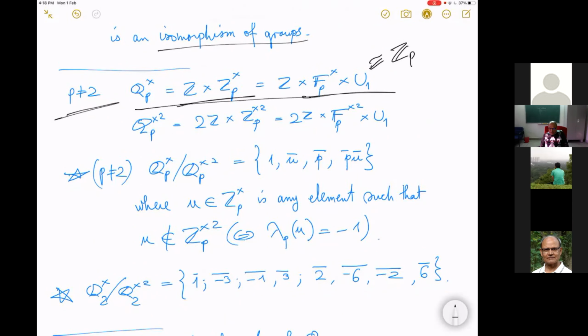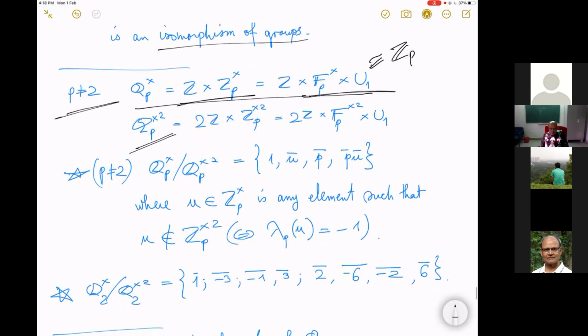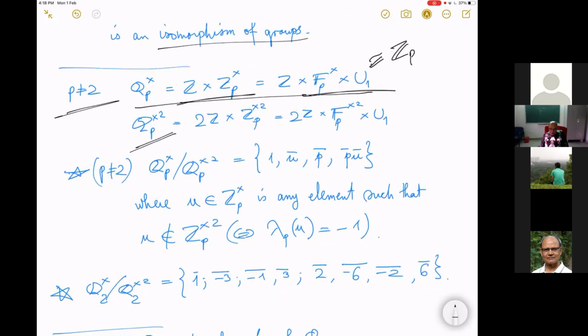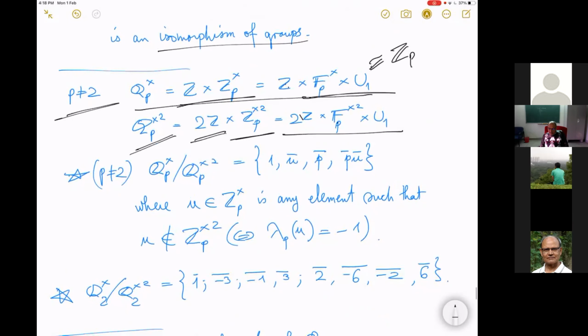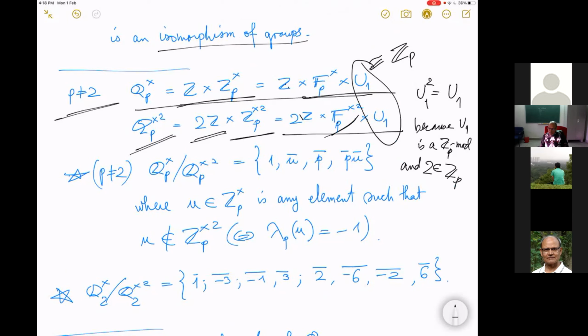So if this is what Qp star looks like, the squares in Qp star will look like 2Z times Zp squared, and that is 2Z times Fp star squares, and the squares in U1 are equal to U1. U1 squared is equal to U1 because U1 is a Zp module and 2 is actually invertible in Zp.